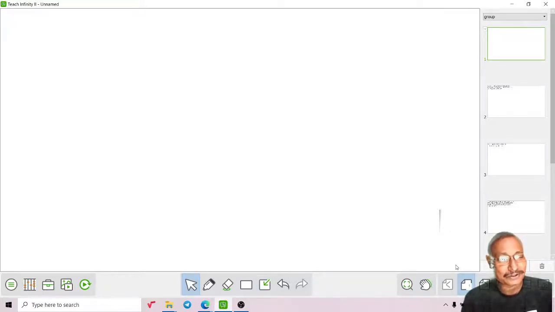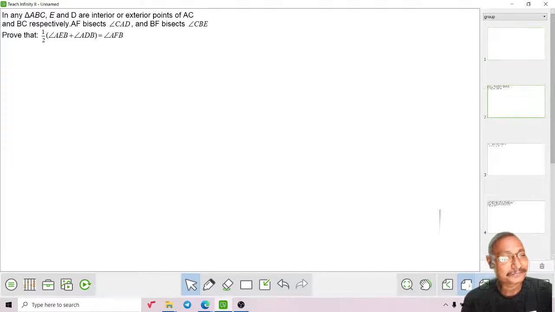And the first question in this context is this: in any triangle ABC, E and D are interior or exterior points. So there are two conditions: the interior condition and the exterior condition. First of all, we are taking the interior condition.